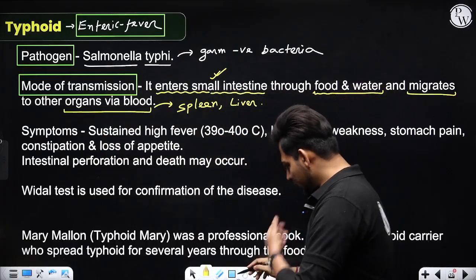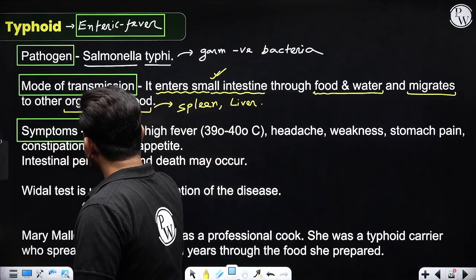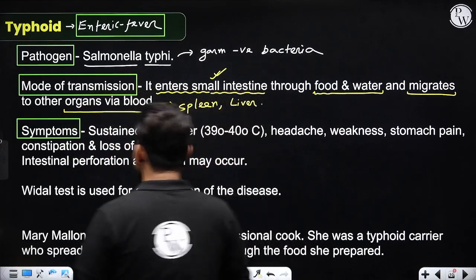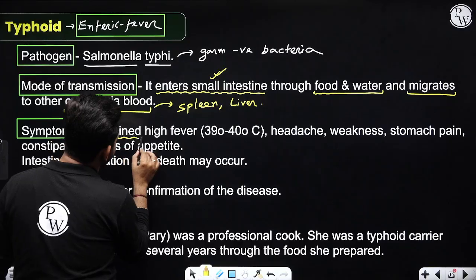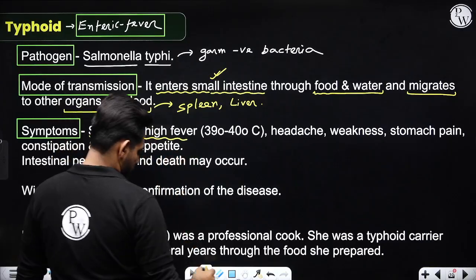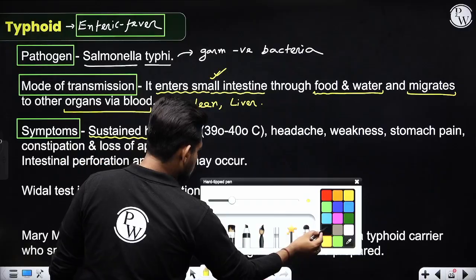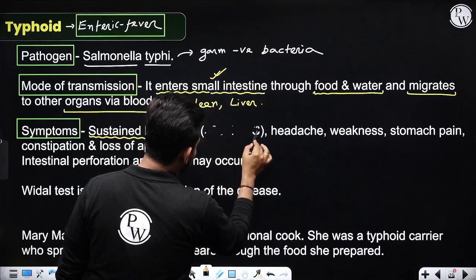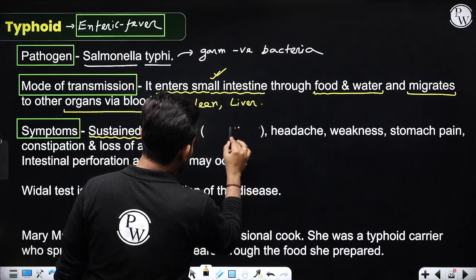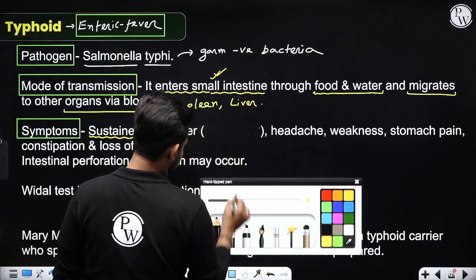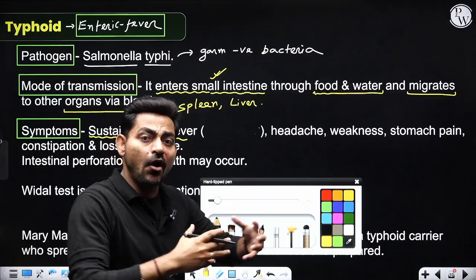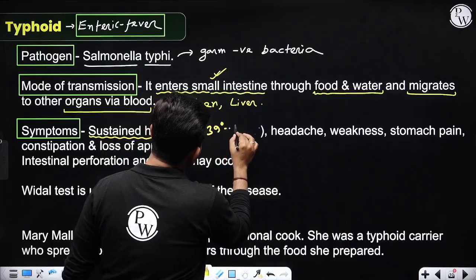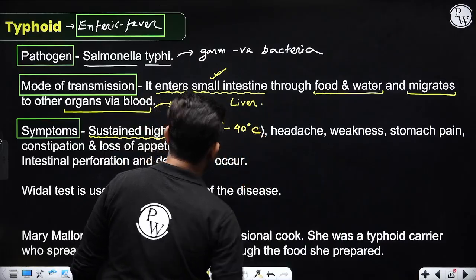Now when we are infected, what will be the symptoms of this particular disease? Yes, so there will be sustained high fever, sustained means prolonged duration, fever with 39 degree to 40 degree Celsius.